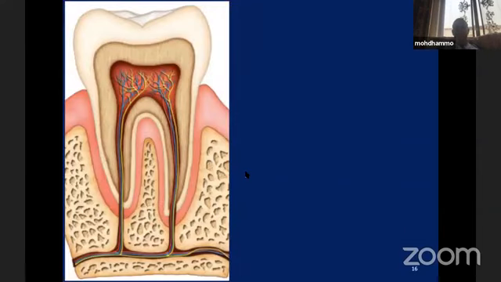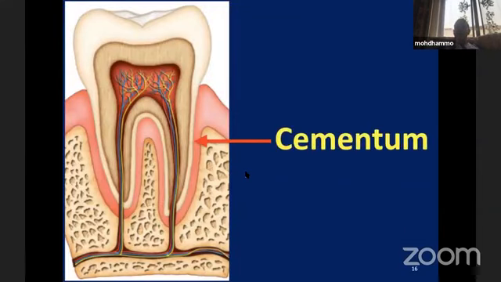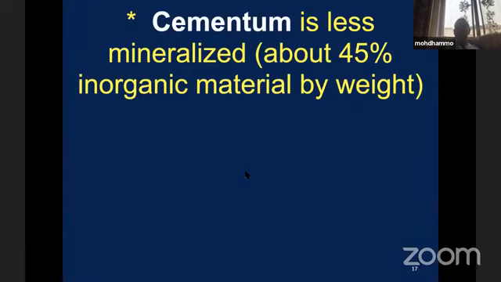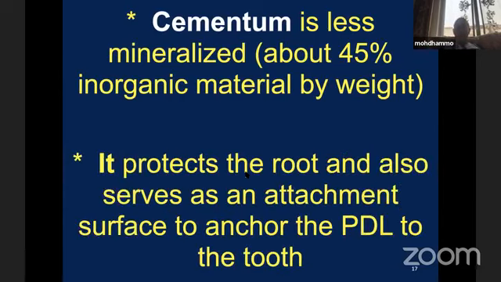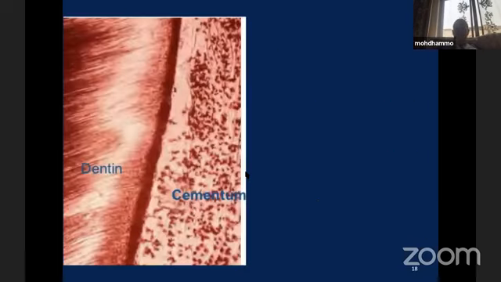Then we will go to the cementum. The cementum is less mineralized, 45% inorganic material and 55% organic material. The main function of cementum is to protect the root and also serve as an attachment surface to anchor the periodontal ligament.